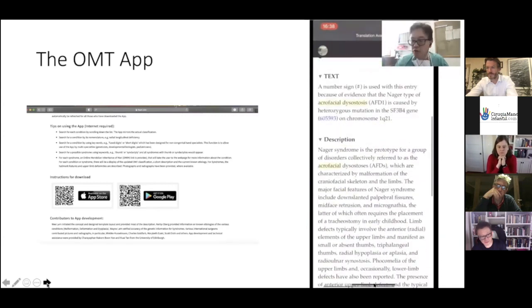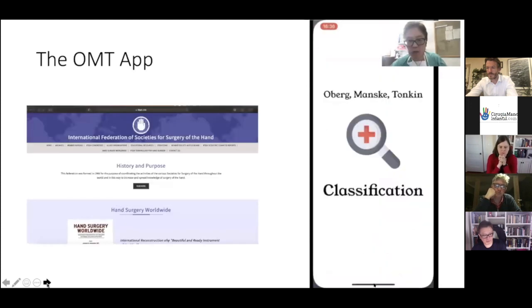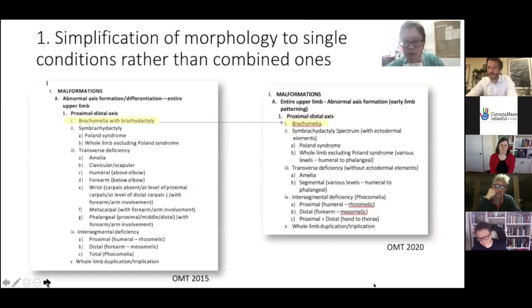So that's the OMT classification in a nutshell, a system that really reflects the close collaboration between surgeons and developmental biologists. Let me now share some of the changes that have recently been implemented in the 2020 version. There are several. Let me summarize the key ones. You will notice that the new classification is a lot simpler, with single conditions rather than combined ones.